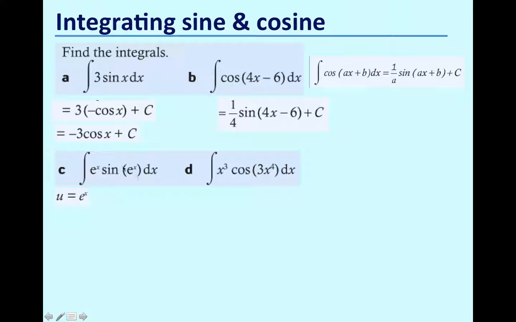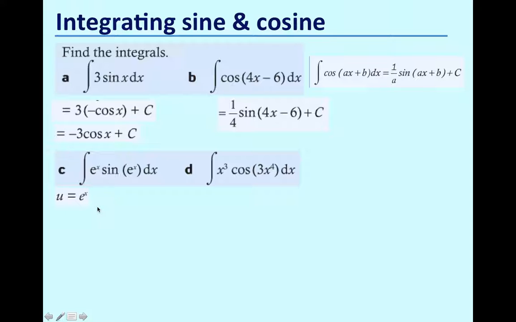For question C, we should recognize that we've got a composite function where the first function is the derivative of our second function. So for part C we're going to use the substitution method.